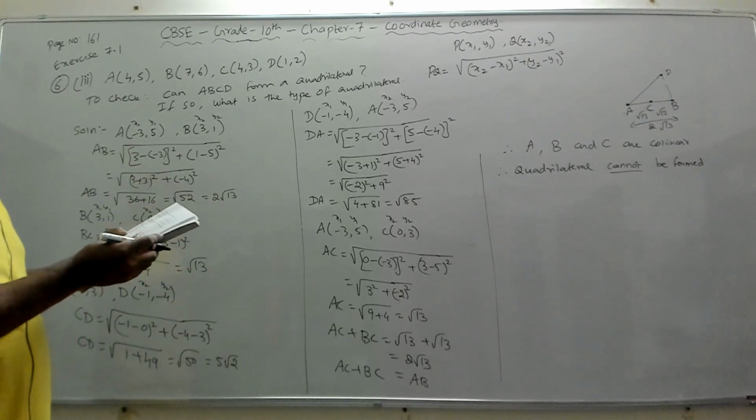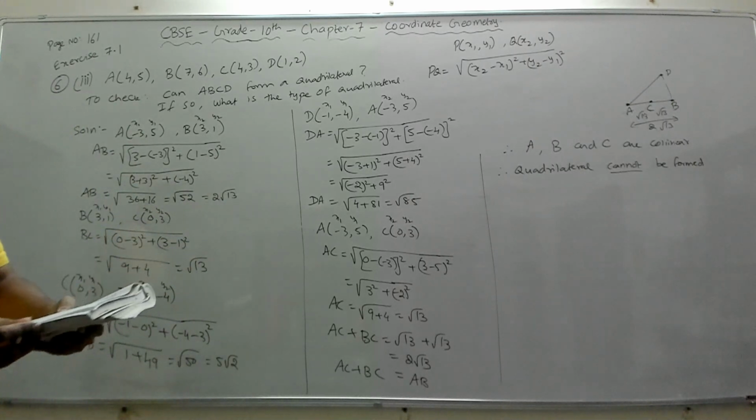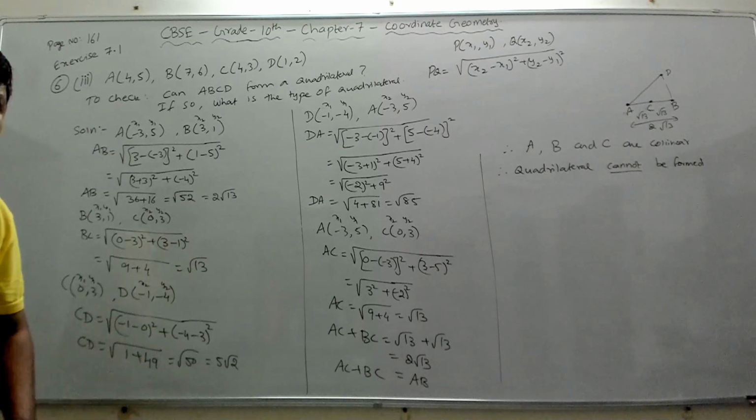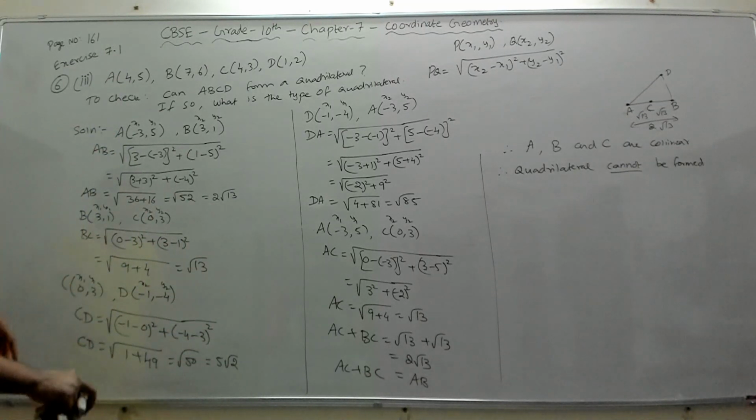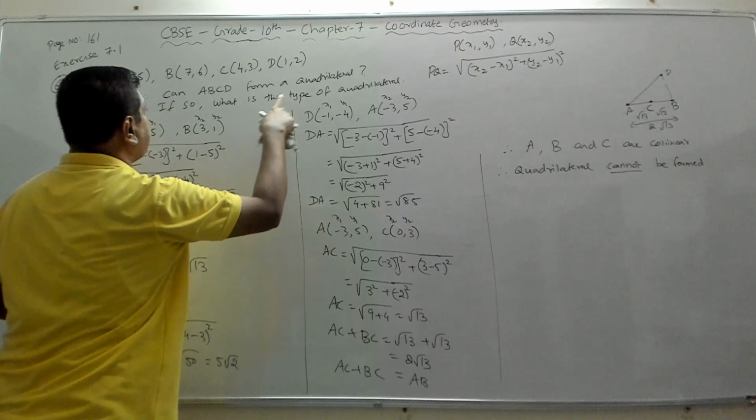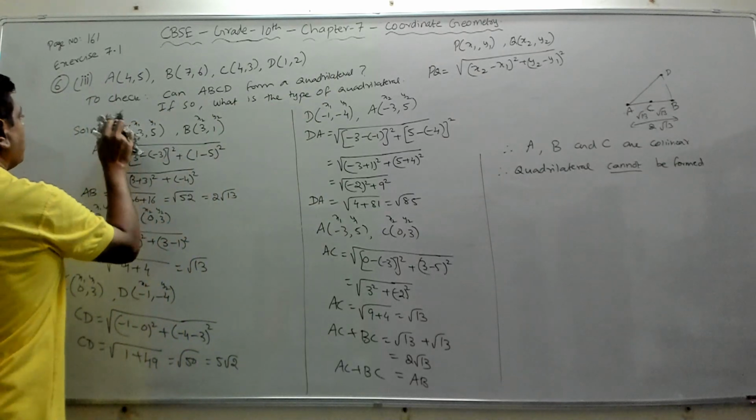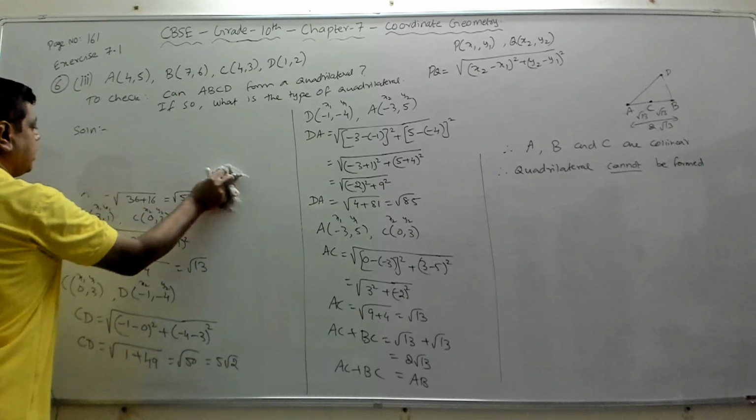So these are the four points. Now we need to check whether a quadrilateral can be formed. Check whether ABCD can be a quadrilateral. If so, what is the type of the quadrilateral? Now again we should find all the distances AB, BC and everything.